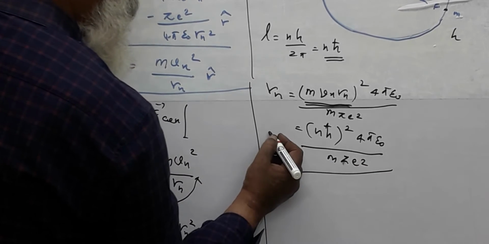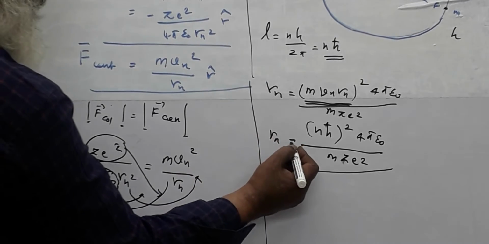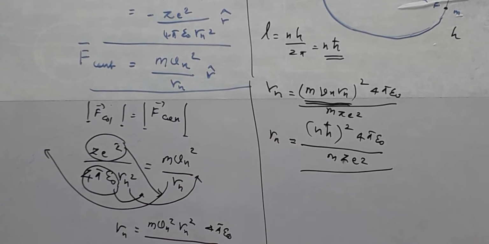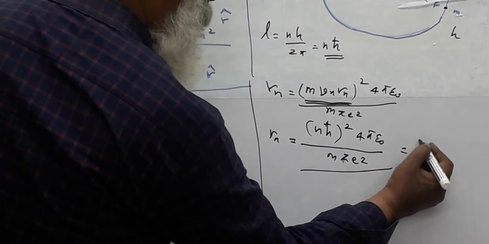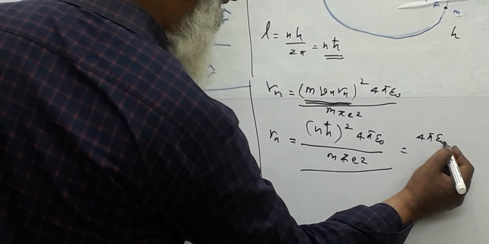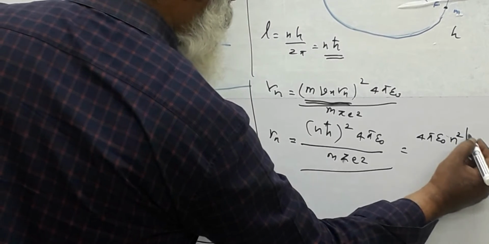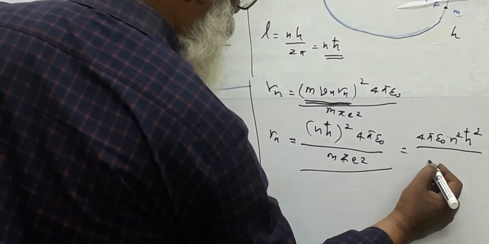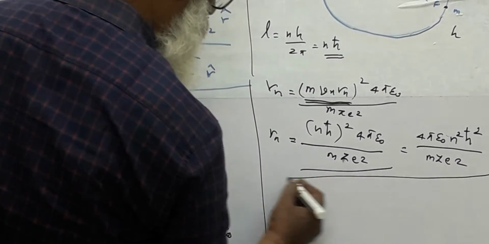Are you clear? This is the radius. In this term, we have only the value of 4 pi epsilon naught n square h bar square divided by m z e square. This is the value of Rn.